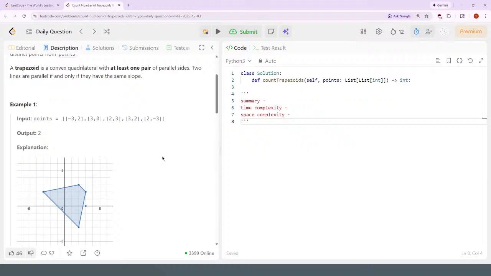I guess I can convert them to decimal slopes and compare those, even if they're weird decimals. Or I guess all slopes would be repeating if they're formed from integer coordinates. Okay, so we're dealing with slopes.